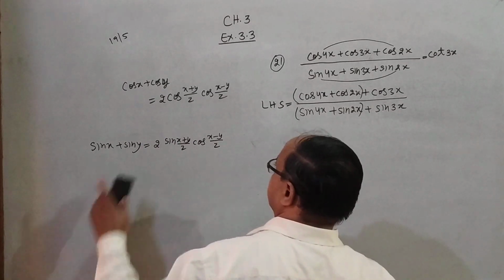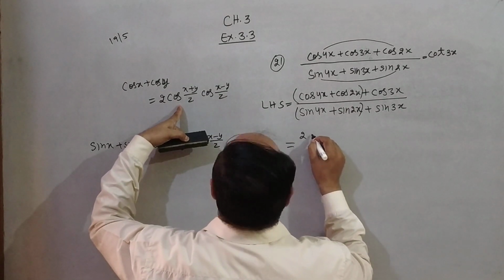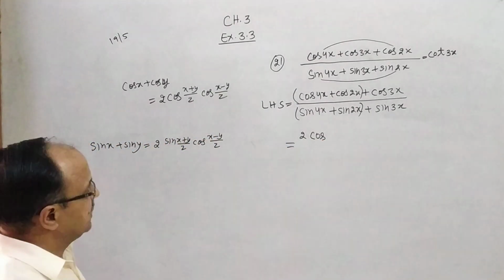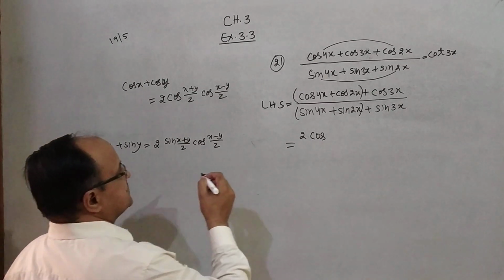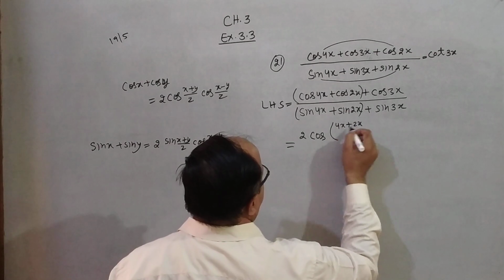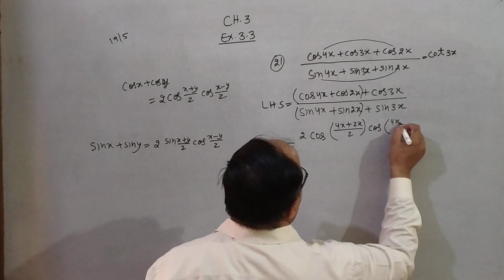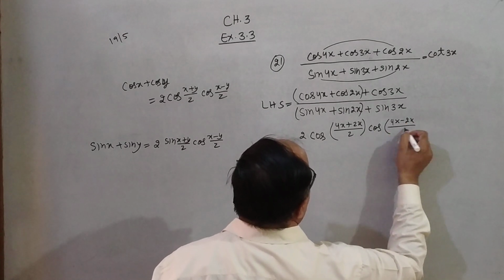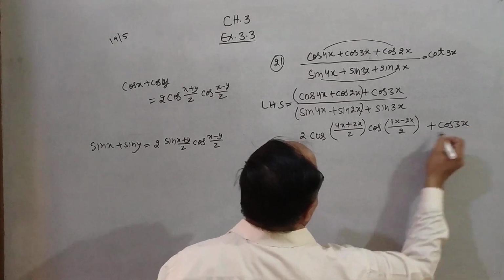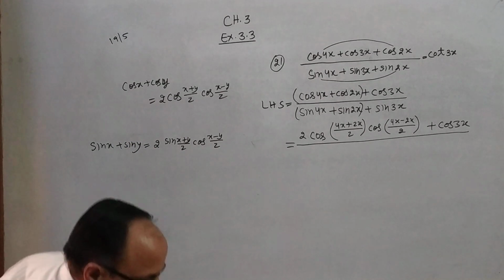Now apply this formula: 2 cos x plus y by 2, it means 4x plus 2x by 2, and cos 4x minus 2x by 2, and this term as it is, cos 3x.